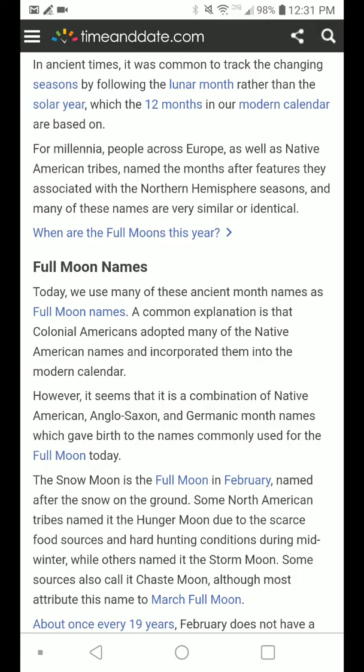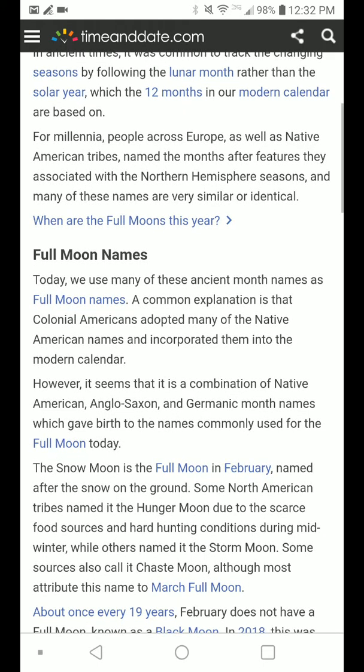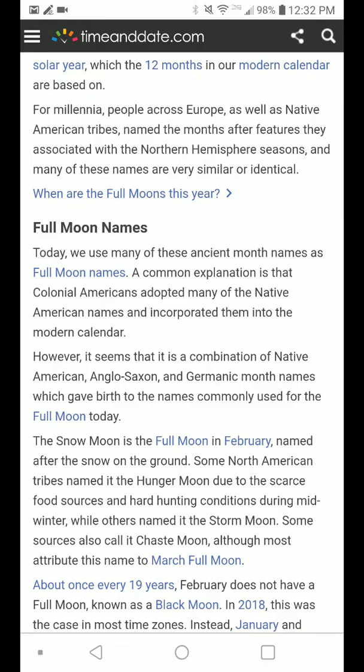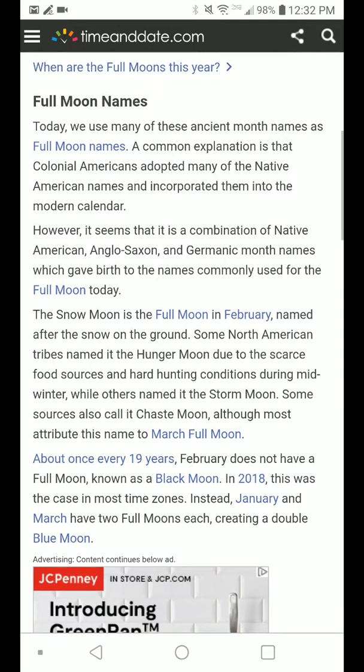So it says, rather than the solar year, which the 12 months in our modern calendar are based on, for millennia people across Europe, as well as Native American tribes, 12 tribes of Israel, that's the northern kingdom, the Native Americans, named the months after features. They associate with the northern hemisphere seasons, and many of these names are very similar or identical. Full moon names.